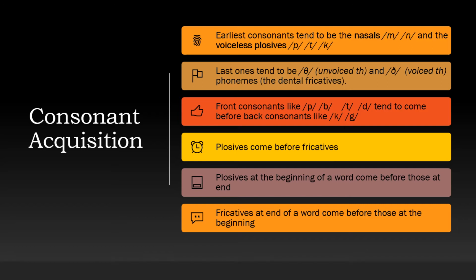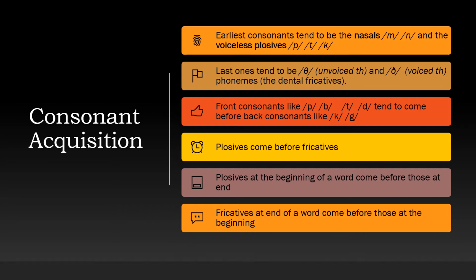Next, the front consonants tend to come before the back consonants, and when we say front and back, we're talking about whereabouts in the mouth the articulators are. Whereabouts is the tongue, what's happening with the lips. So the front consonants, sounds like p, b, t and d, are at the front. They're all plosives in this case, and p and b both use both lips, so those are bilabial plosives, and then t and d both have the tongue on the alveolar ridge just behind the teeth, so they are alveolar plosives.